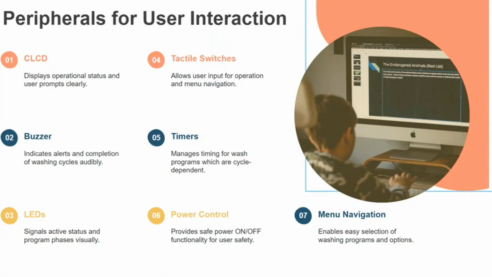LEDs show the status of the program. Tactile switches allow user input operation. Timers manage timing for washing programs, which are cycle dependent. Power control provides power on and off functionality for user safety. Menu navigation enables easy selection of washing programs and options.